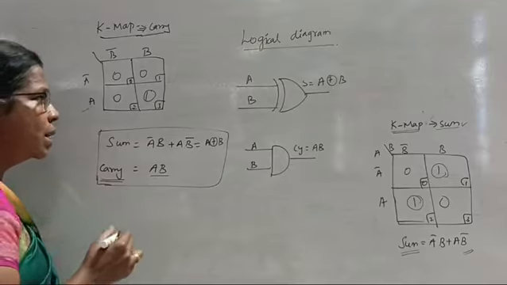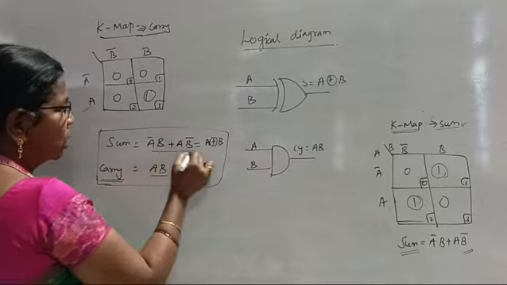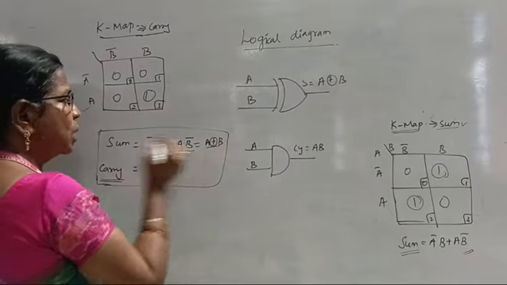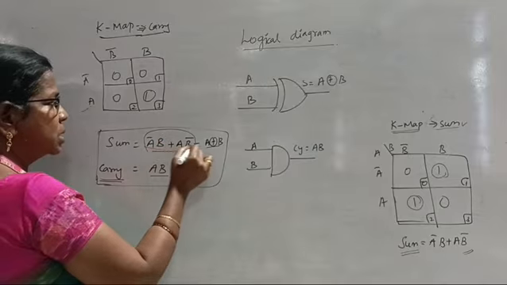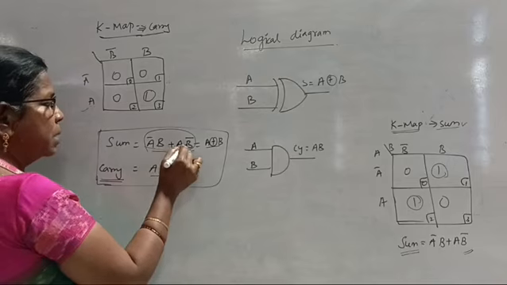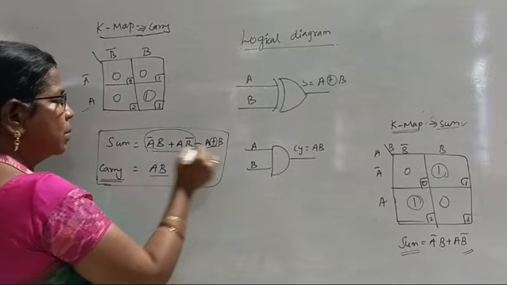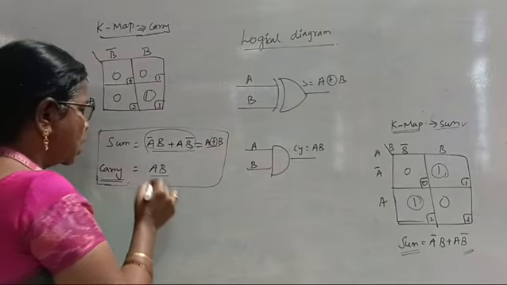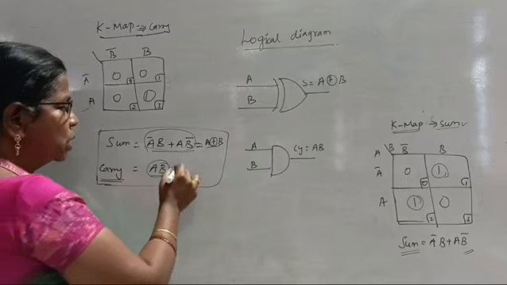Now we have to draw the logical diagram for the sum as well as the carry. Before that, we have to check which logic gates can be used to implement the sum term. Looking at the expression, A bar B plus A B bar is the logical equation for the XOR gate, so I am replacing the sum term as A XOR B. Similarly, the carry term AB can be implemented using an AND gate.